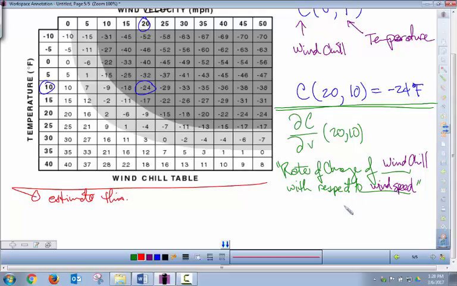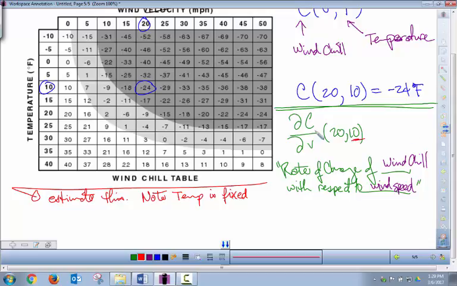The way we're going to estimate this is that we want the derivative with respect to V, and so the temperature will be fixed. Note, temperature is fixed because you're taking the derivative with respect to the other variable. So the temperature, which one is the temperature? Temperature is fixed.